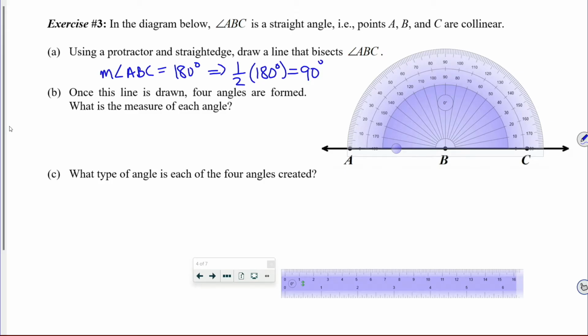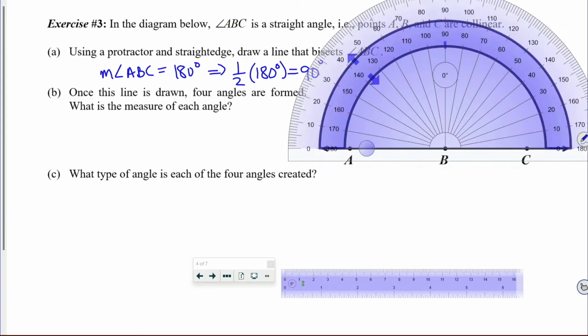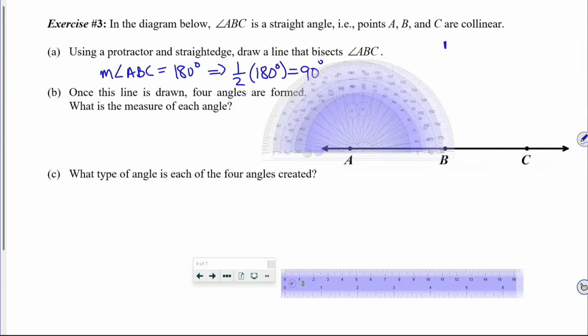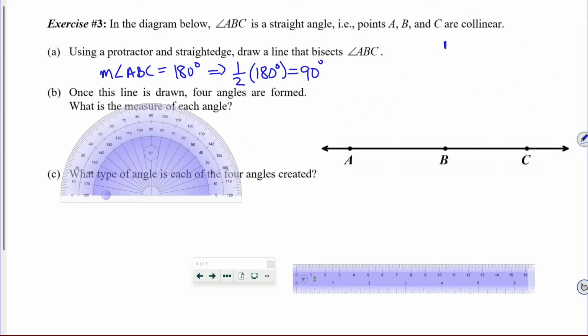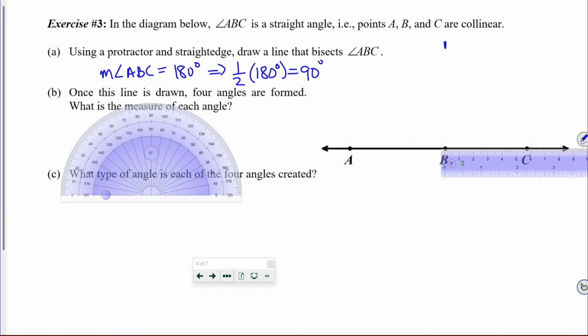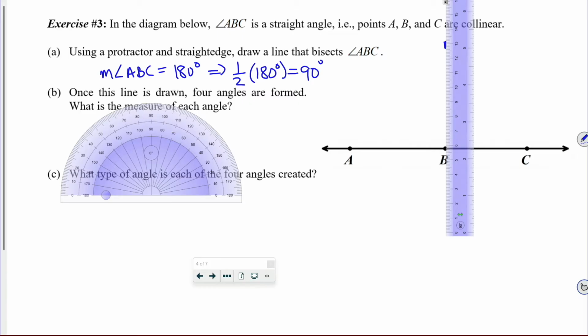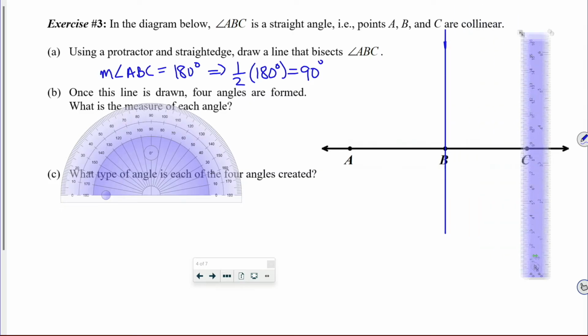So I'll find that 90 degree angle right here. I can now hopefully move this out of the way or resize it so it's huge and scary. I can now bring my straight edge in, and I will draw that line in, right?